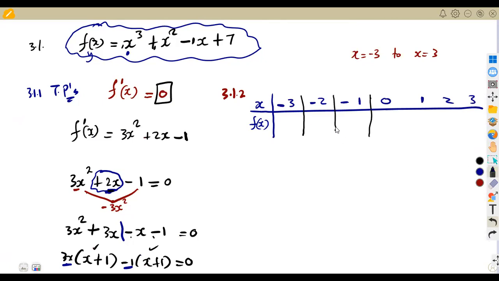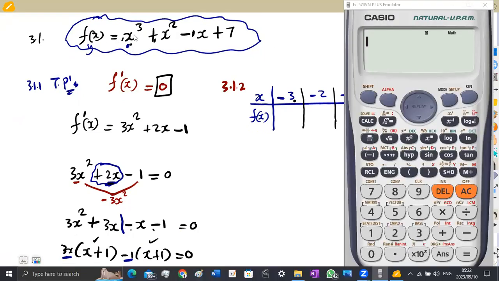So with these values, what we are simply doing is to substitute into the original function the value of x, which is -3. If we have a calculator, I'm just going to show you what we're trying to say. We've got x cubed, so we substitute our value of x there.